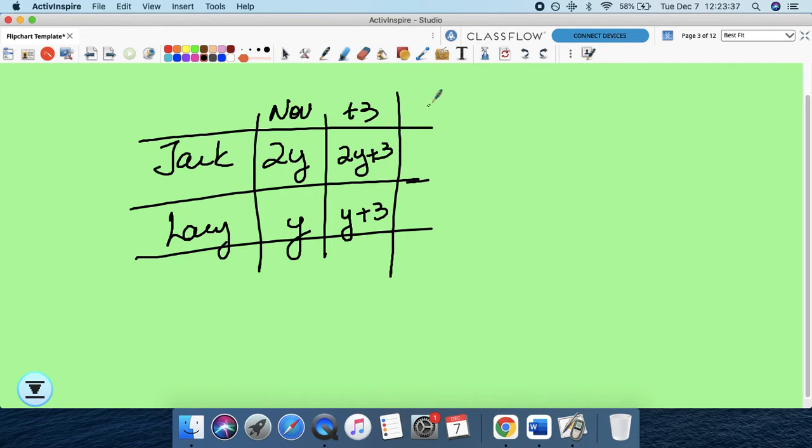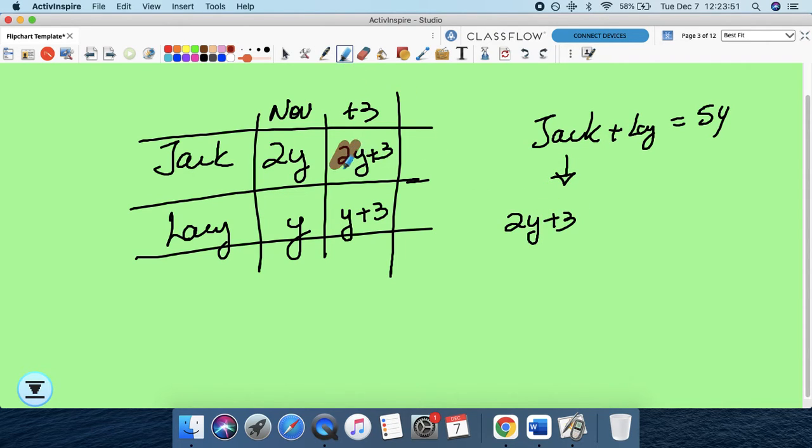What else do we know? We know that in 3 years, the sum of their ages, Jack plus Lacey, is going to be 54. Jack is going to be 2y plus 3 in 3 years, and Lacey in 3 years is going to be y plus 3. That should give you 54. Combine like terms: the y's give me 3y, 3 plus 3 is 6, equals 54.